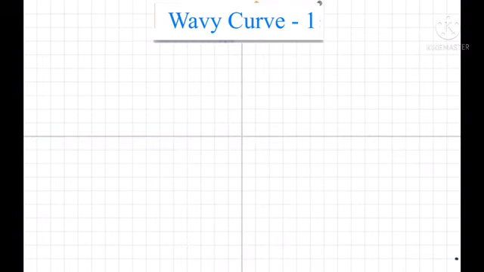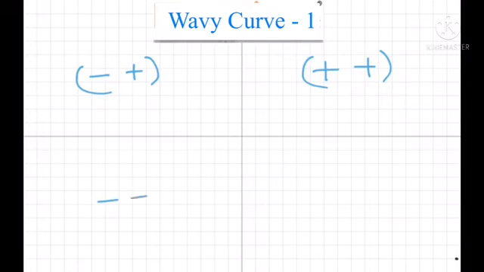So again I will tell you, in the first quadrant both x and y are positive. In the second quadrant x is negative, y is positive. In the third quadrant x is negative, y is negative. In the fourth quadrant x is positive, y is negative. This is very important and I do believe that most of you know this.